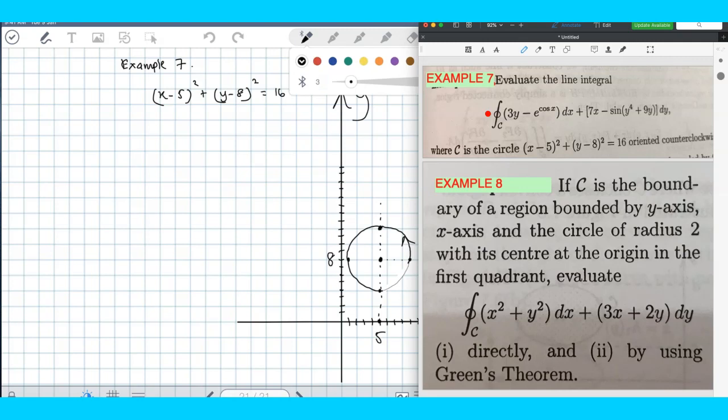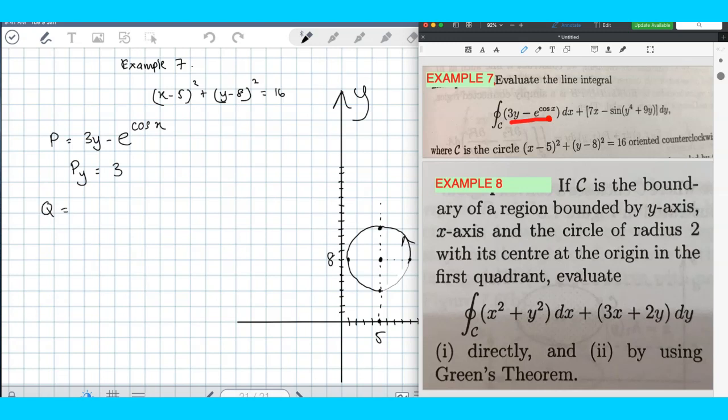From the information provided, this is the P. So we have to find P_y. The e to the cos x is a constant since we differentiate with respect to y, so we only get 3.